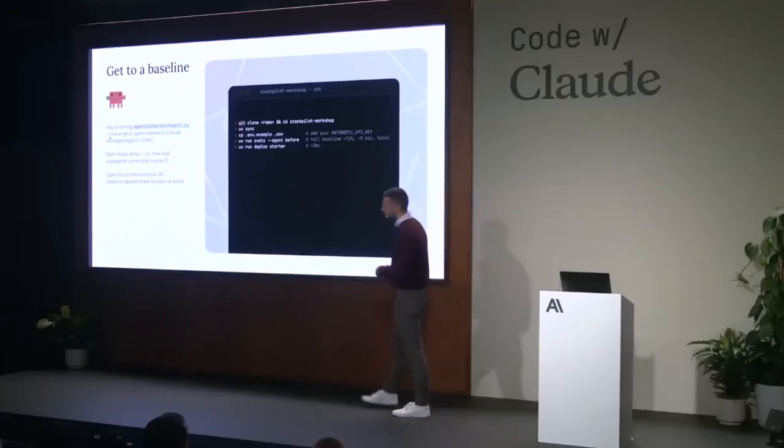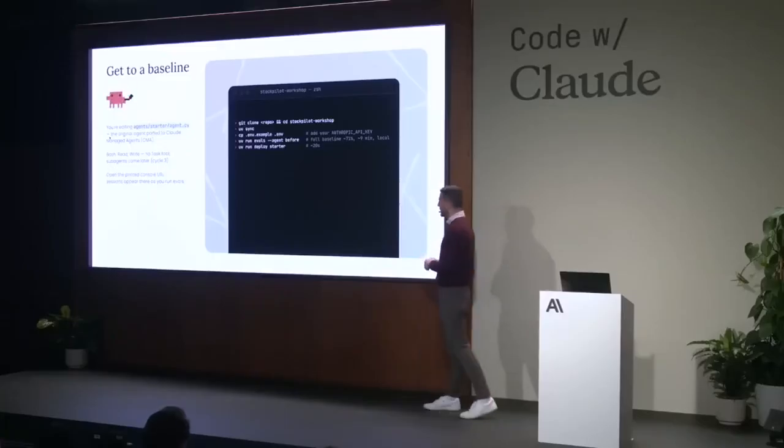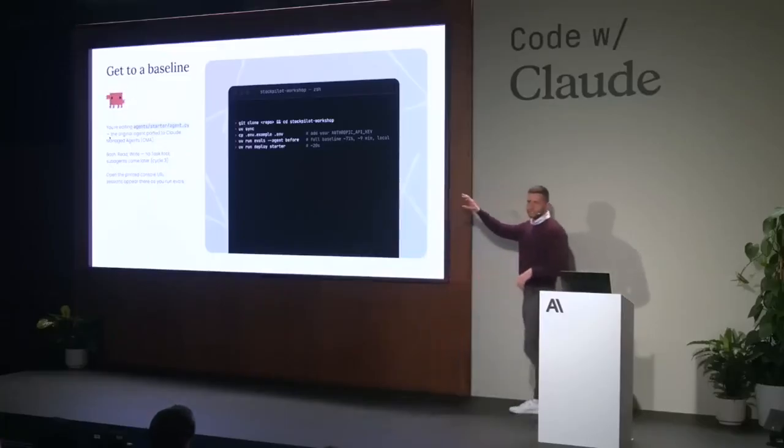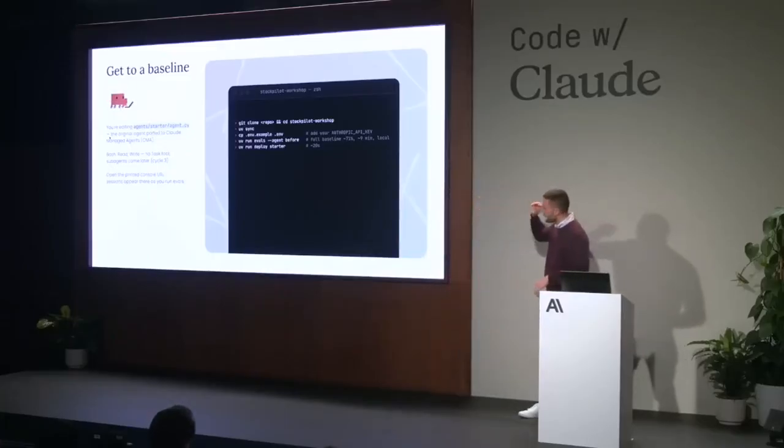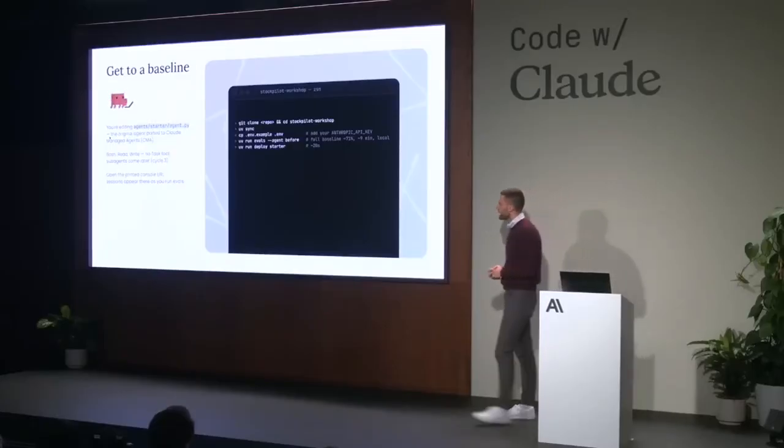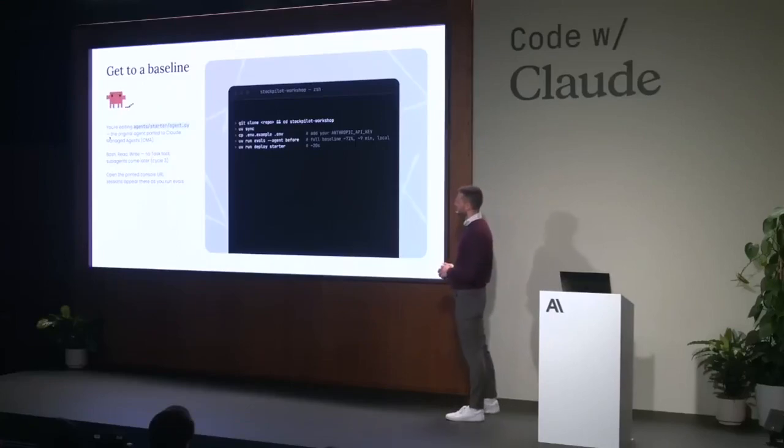If you want to view what that agent looks like when deployed on Claude Managed Agents, you can look in the starter folder, which exists right below that. If you want to deploy your agent on Claude Managed Agents, you can run uv run deploy starter.